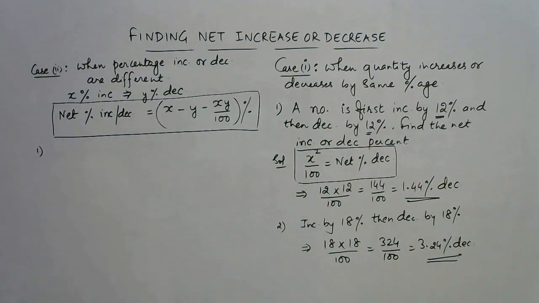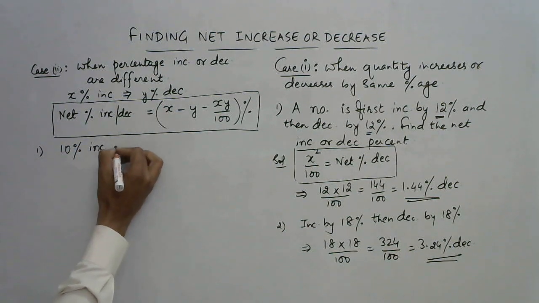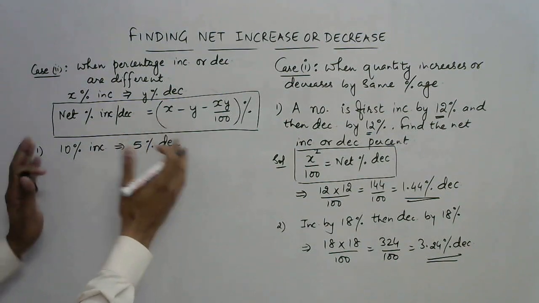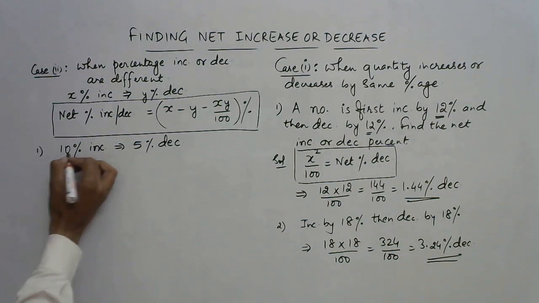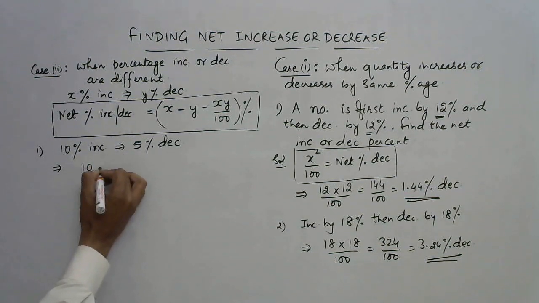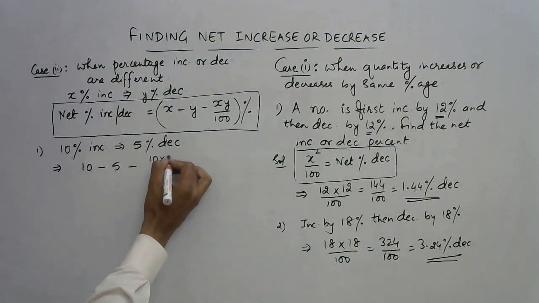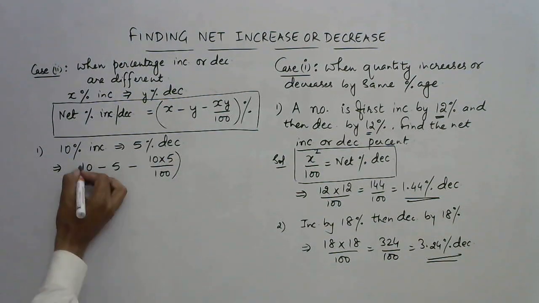So the question goes like this. Suppose there is 10% increase and then 5% decrease. So again you need to find a net percentage increase or decrease. So this is x, this is y. So x minus y minus x into y upon 100. I need to calculate this.